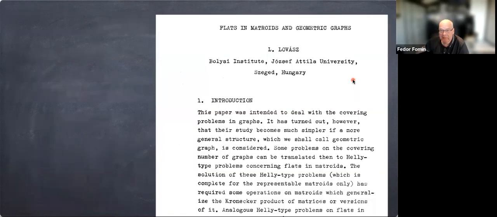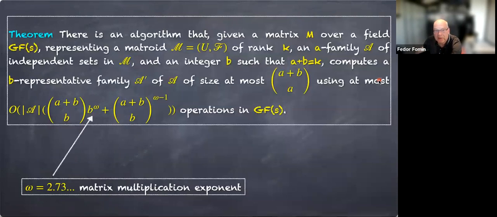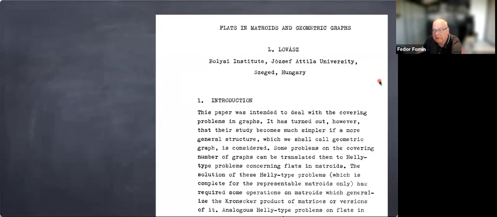Now I am ready to state the beautiful result of Lovász from, I think, 1974 or 75. Basically, Lovász proved exactly the same, or even more general, result as was proven for families of sets by Bollobás. So exactly the same condition holds for matroids.